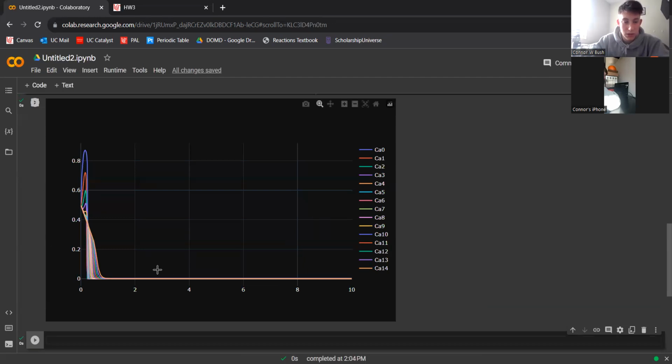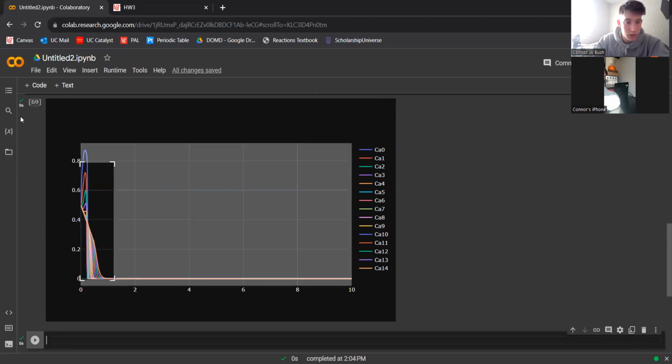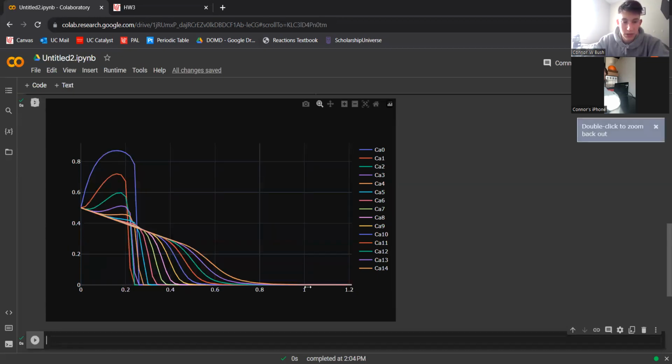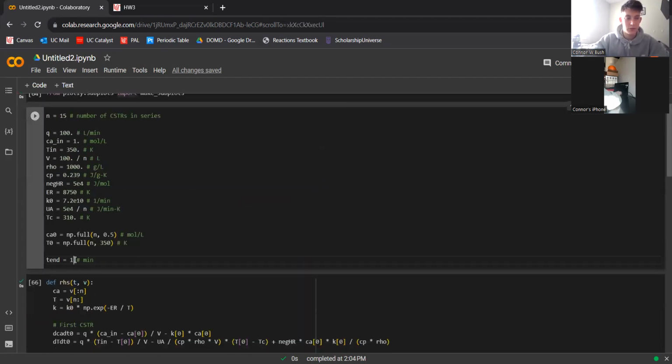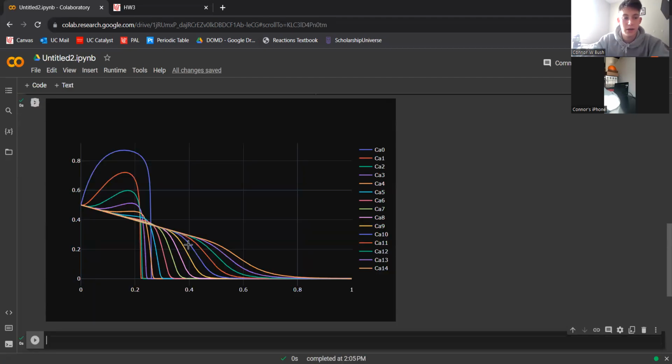So as you can see, 10 minutes is kind of an overshoot. So if we zoom in here, we can see around 1 minute, we get a better view of things. So if we go back and update all of that, this kind of gives us a better look. So this is representing the concentration of A in each of the CSTRs.